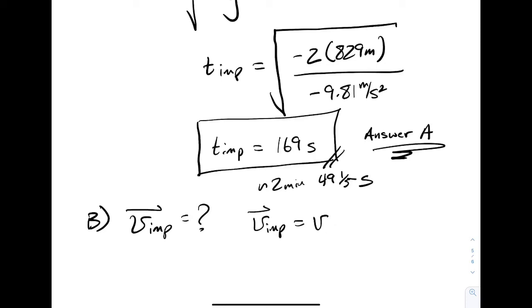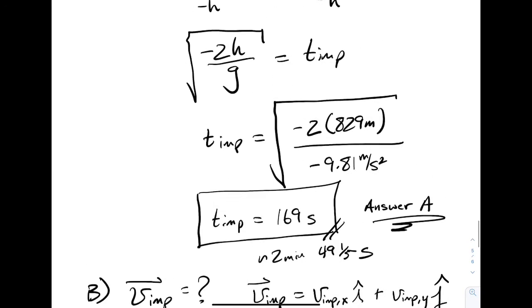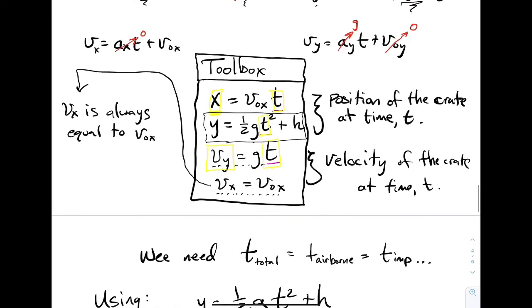This would be the impact velocity in the x direction, and we indicate that that's in the x direction with our cute little i hat, plus whatever the impact velocity in the y direction is with a cute little j hat. So this is the easiest way to get our answer, because looking at our toolbox, we could solve for v impact using our velocity equations.